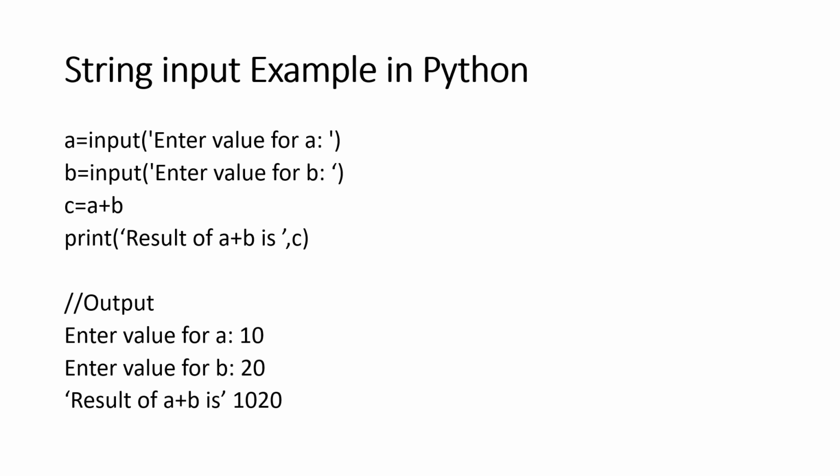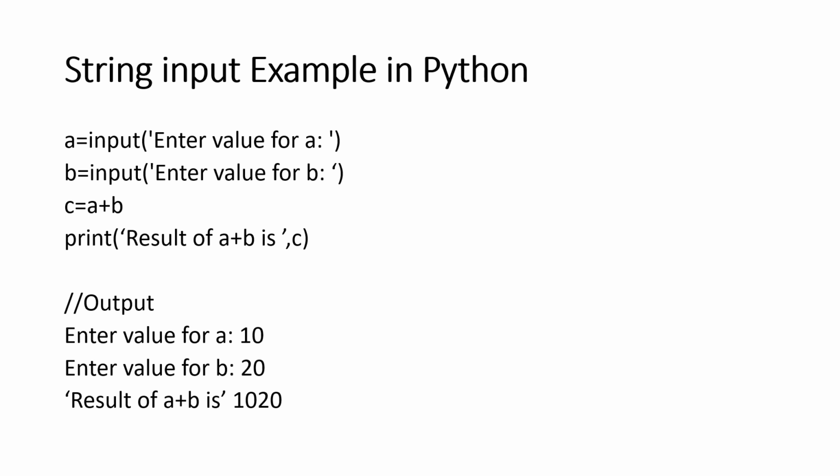So here we are trying to add two variables, two numbers, and as you can see in the output, first I have entered a as 10 and b as 20, and because we are adding this, the output should be 30, but it will not print 30 because the input function takes string always, and we cannot add two strings.